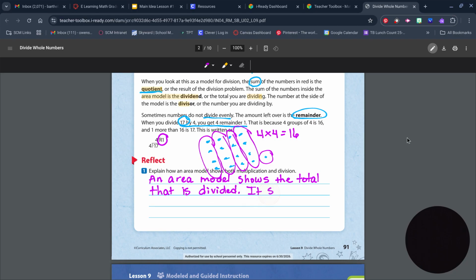It shows the divisor, the number of groups we make.